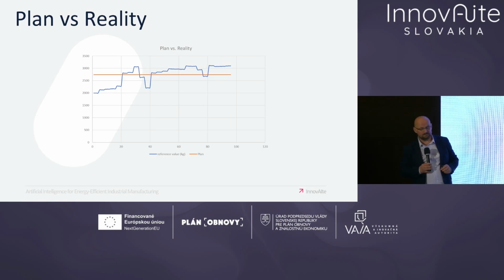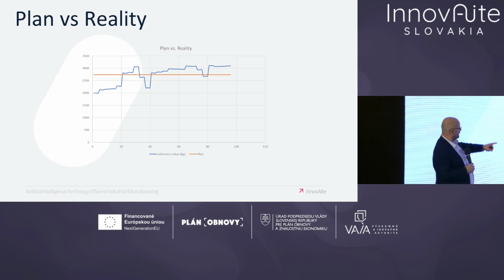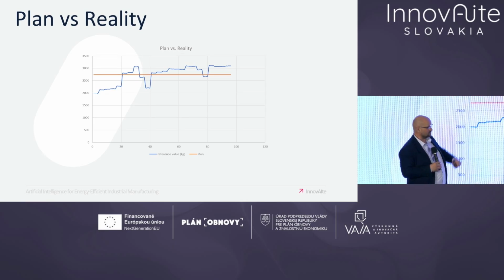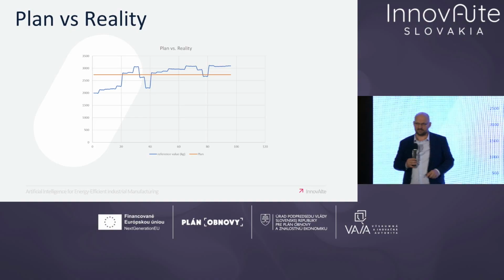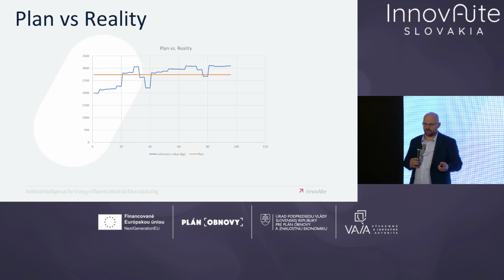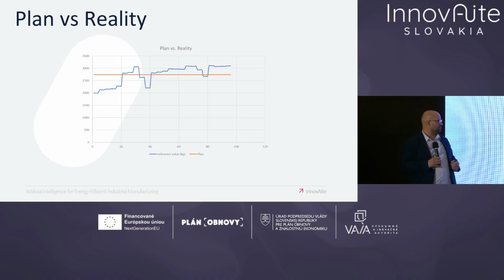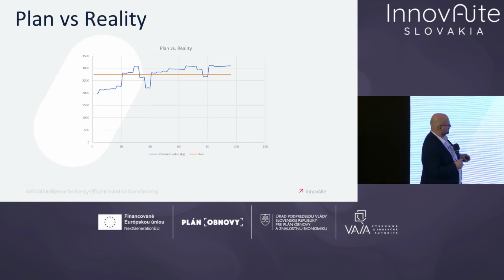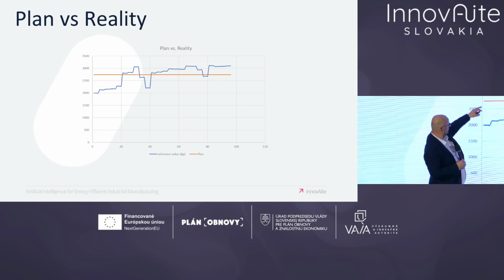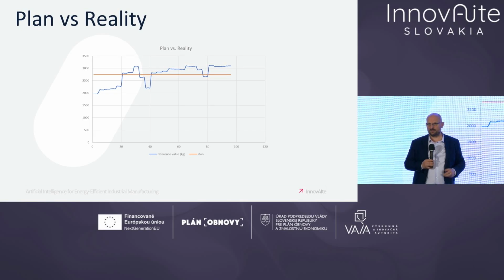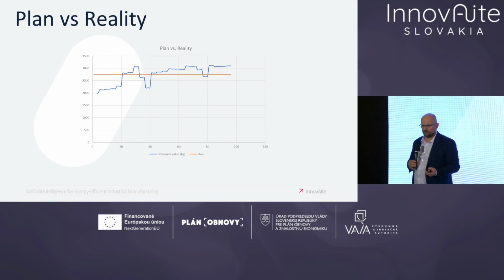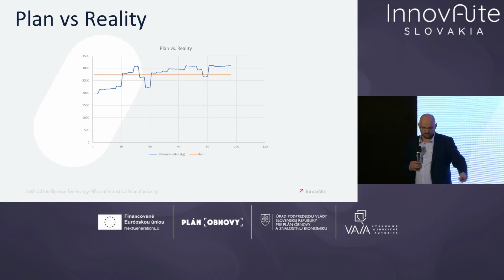But the reference that we used to train the neural network was actual production, not planned production. And suddenly we found that there was a problem, because the plan looks completely different than what we trained the neural network on. So now we are thinking how to design a transformation function that will tell us what is the relationship of the plan to actual production.